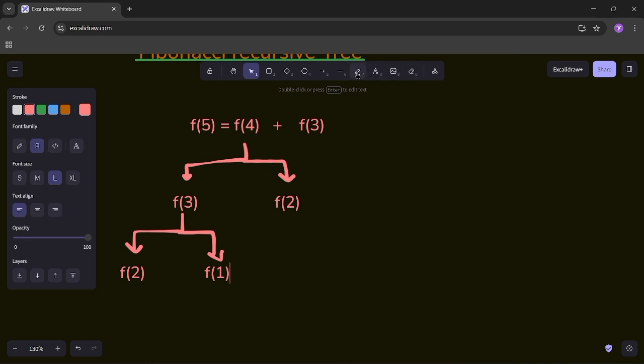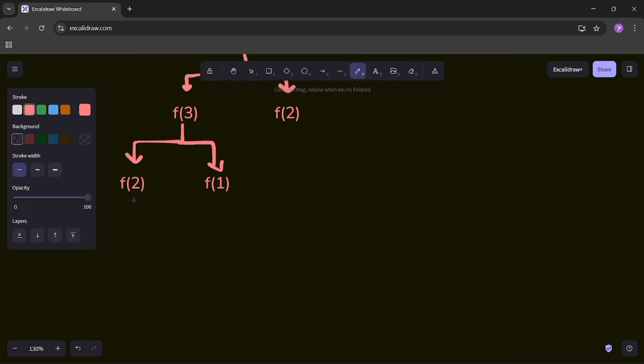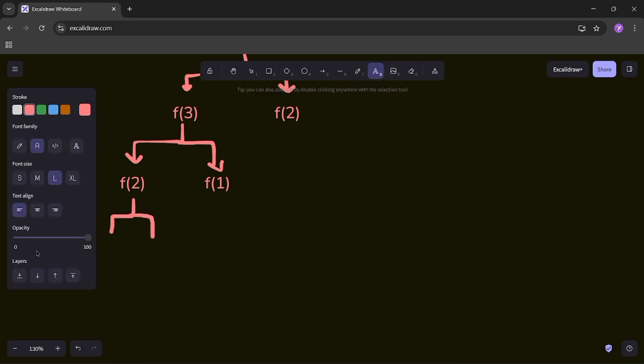And now this Fibonacci of 2 further breaks down into two parts, which are Fibonacci of 1 and Fibonacci of 0, right? So I'm going to write over here Fibonacci of 1 and Fibonacci of 0. And we also need to break down this other Fibonacci of 2 into Fibonacci of 1 and 0, so here I write Fibonacci of 1 and here Fibonacci of 0, right?